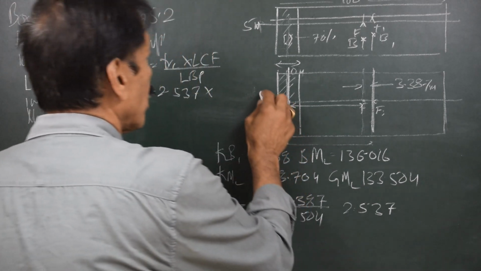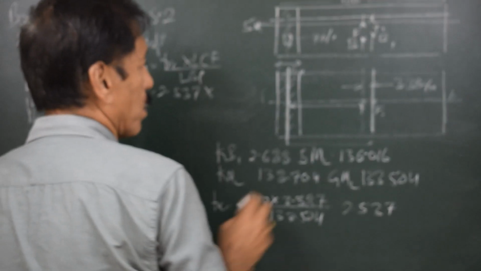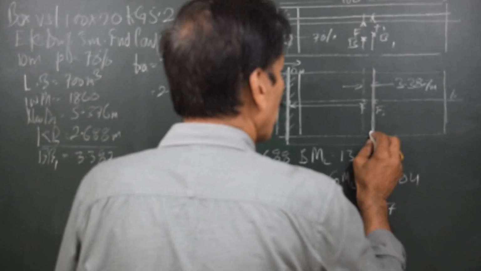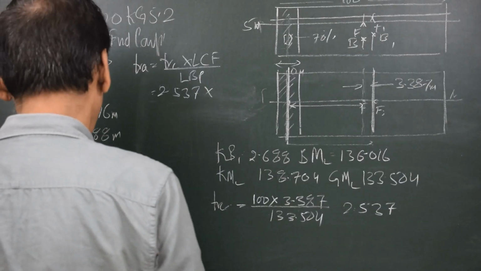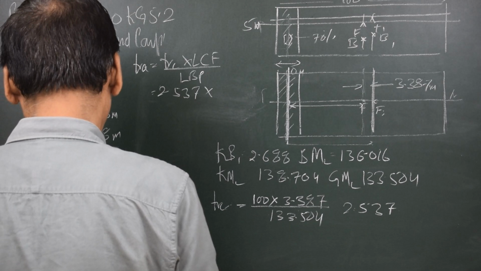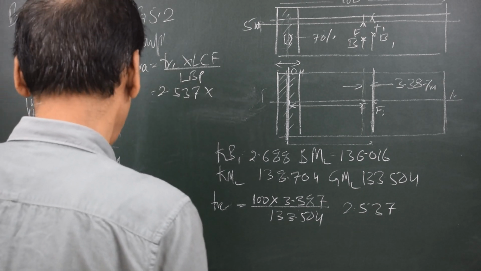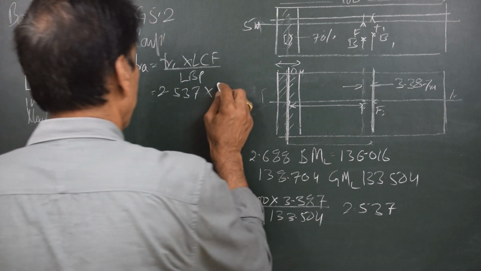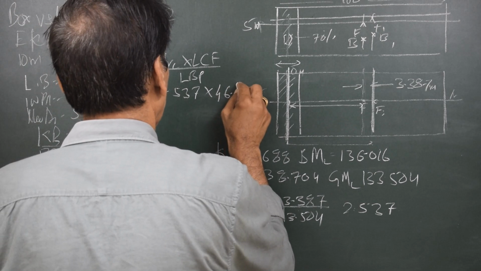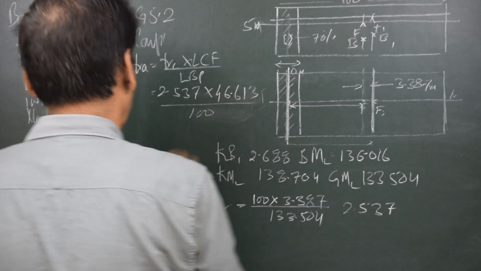Now this is forward end and this is aft end. Damage has occurred forward, right? And center of flotation has shifted aft. So LCF is reduced. So LCF will be 50 minus 3.387, and that gives me 46.613. 46.613 divided by LBP, that is 100.